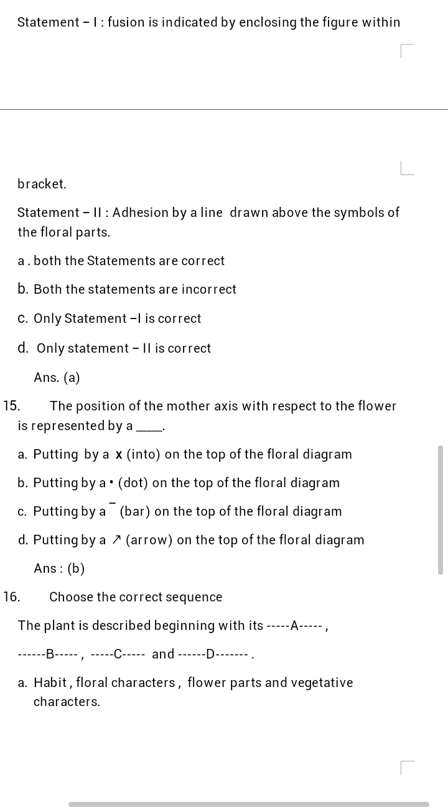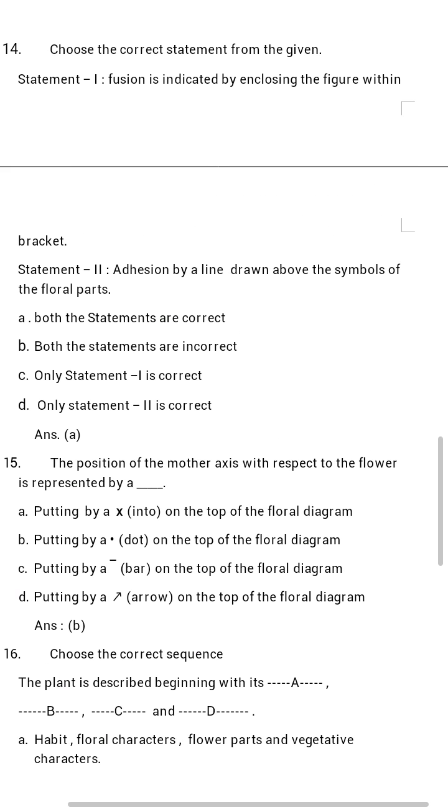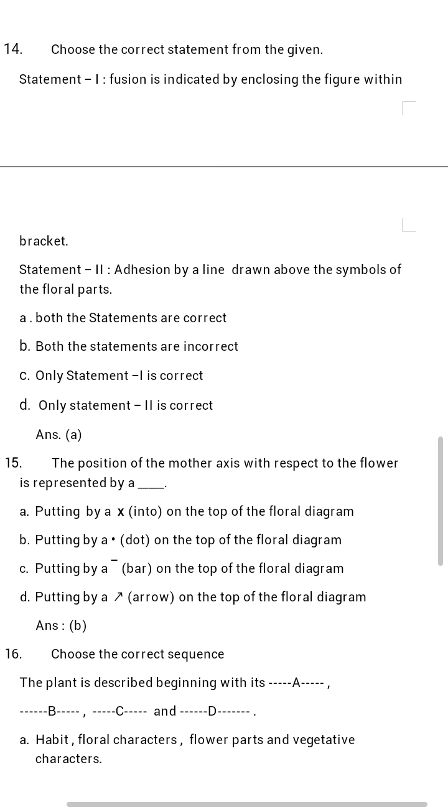Next, I would like to give you an example for statement 1. Calyx is indicated with the capital K, right? Then, if the calyx is enclosed in such a case, the symbol K should be kept in brackets. Brackets on either side should be kept.